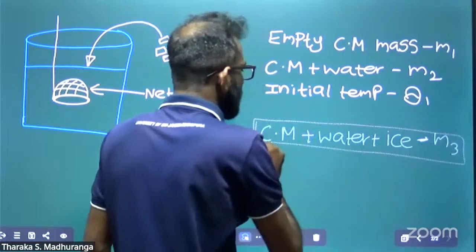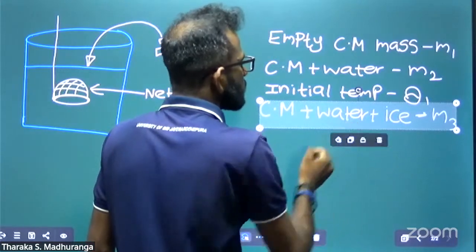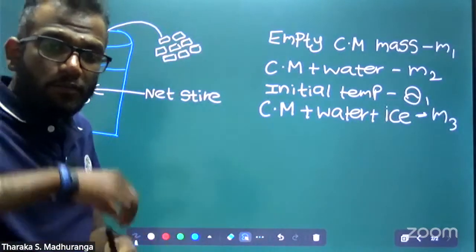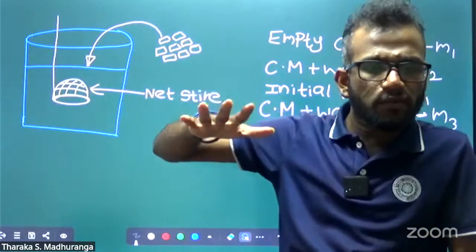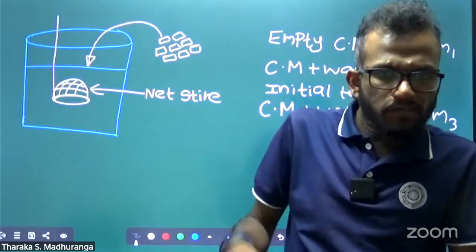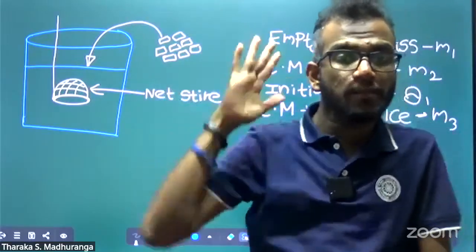Then we can introduce the ice cubes into the container and stir. The water temperature gradually decreases. Then we use a thermometer and take the final minimum temperature.